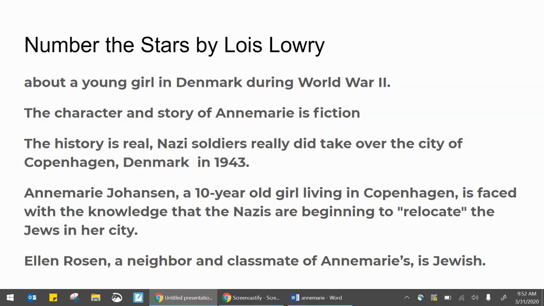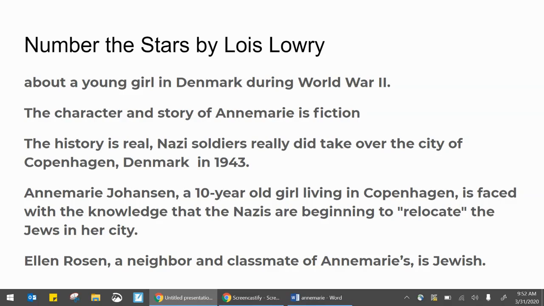In a very real way, though, so it's hard to believe because she appears to be a real person, but she really wasn't a real person in time. The history, though, is real. It's very scary. The Nazi soldiers really did take over the city of Copenhagen in Denmark during the year 1943.